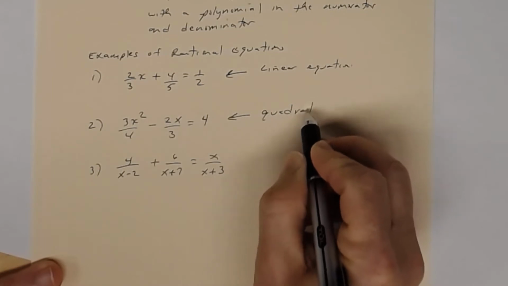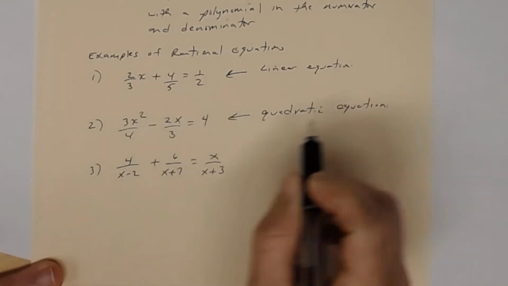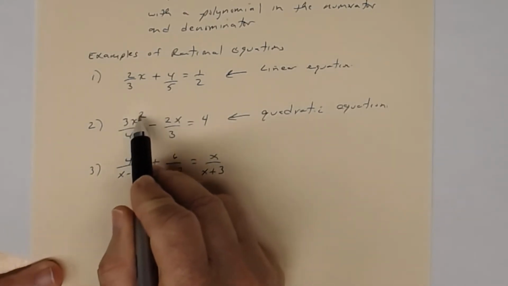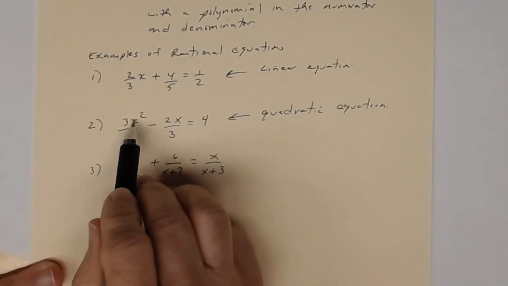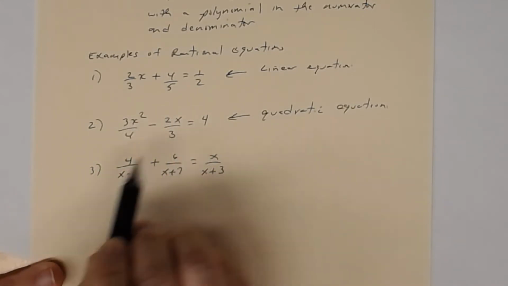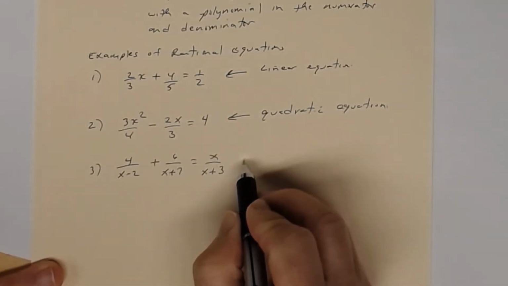So that's a quadratic equation. And the reason is because you see an x squared, right? The largest exponent is 2. Here's an x. It doesn't have to have an x term to be quadratic, but you do need an x squared. And the denominators are all constants. But this one you have to call a rational equation.